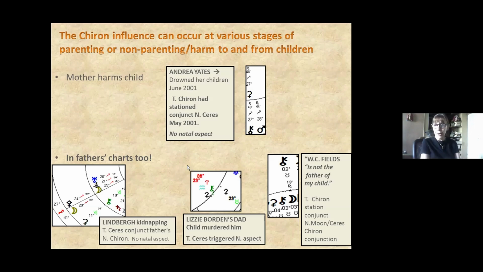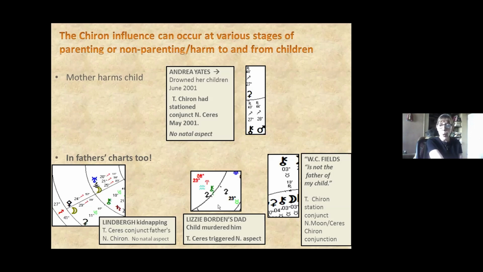Now here's an eye-opener. It shows up in the charts of fathers as well. Here's Charles Lindbergh's chart. He has no natal aspect. When his baby was kidnapped, he had a conjunction. Ceres was conjunct natal Chiron.